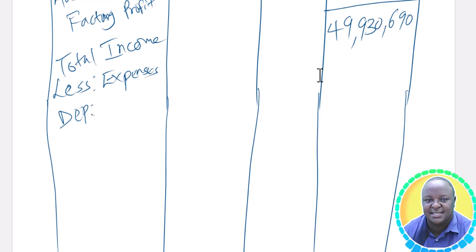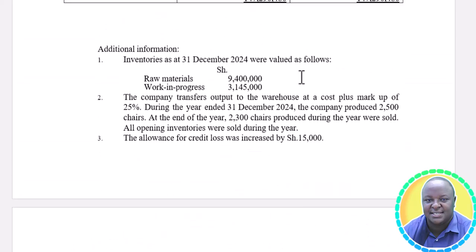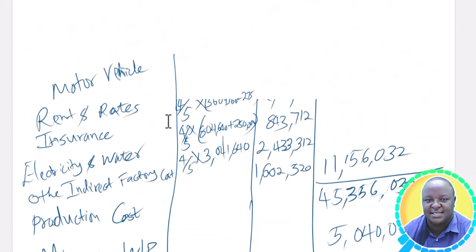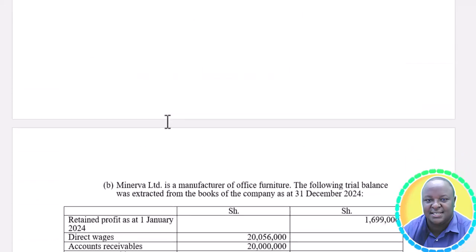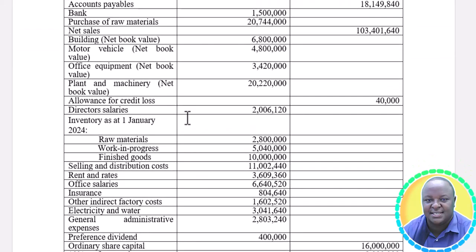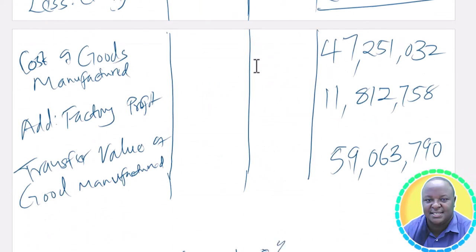The first depreciation from the information we have been given is for administration, which is the building. We have been told that the depreciation for the building is 2.5%. The building is 6,800,000, so we'll get 2.5% of that.